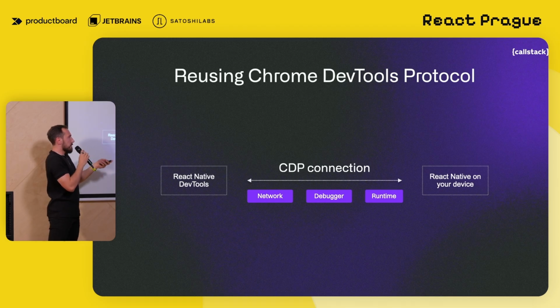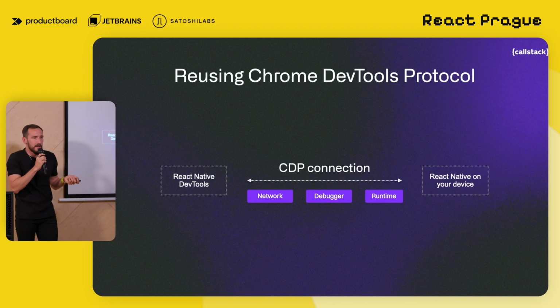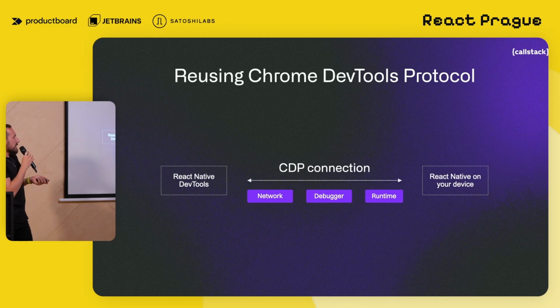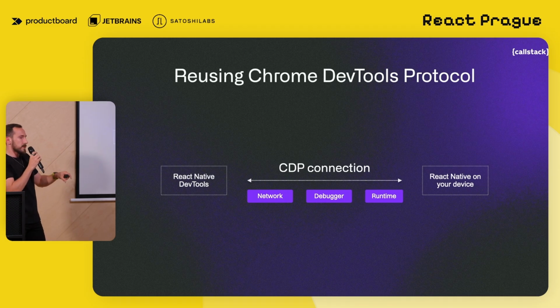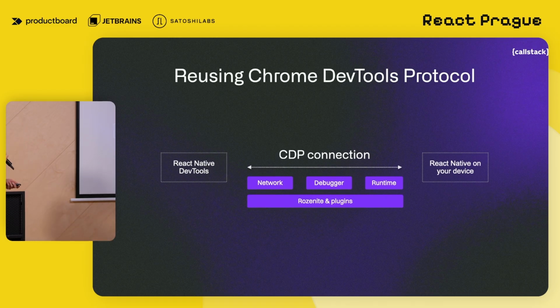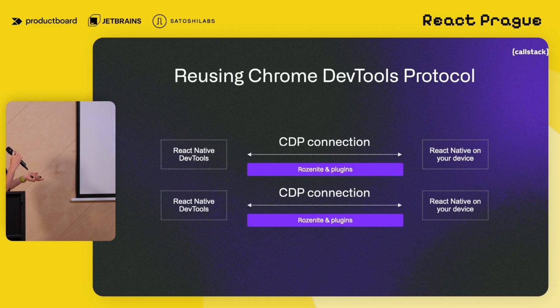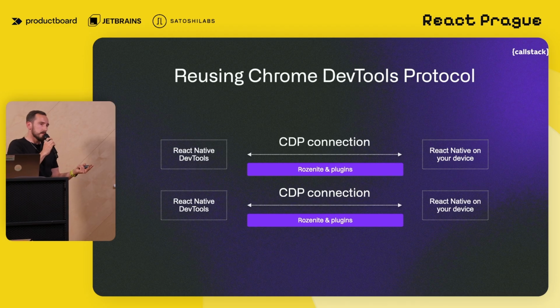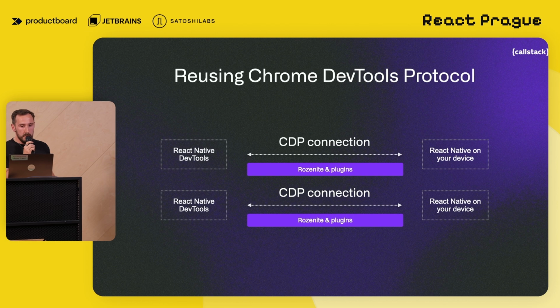Because if you remember how it was two years ago, the connection would basically break every second, every minute, because back then the communication was directly embedded into the React Native application. Right now it's built a little bit differently. Nevertheless, Rozenite can inject itself into this connection and reuse it to pass messages back and forth, but this time for plugins. It means that if you open two React Native DevTools for two different devices, Rozenite will also work for two different devices, which is super cool.